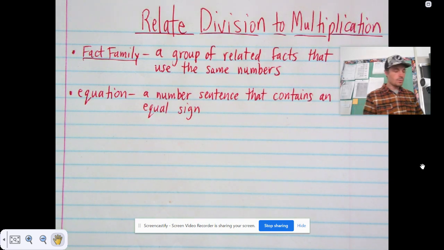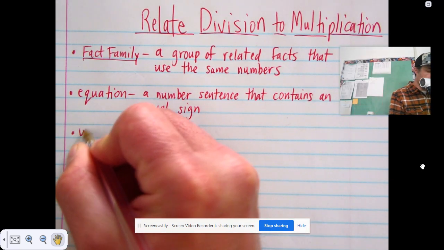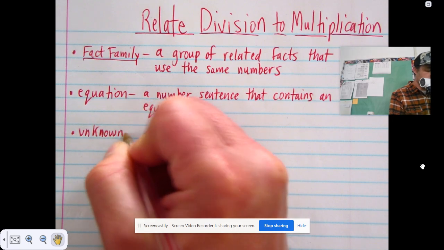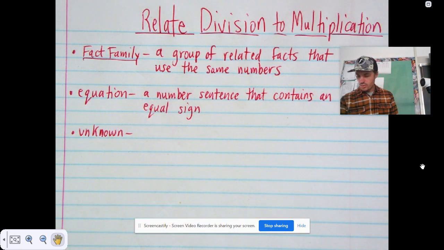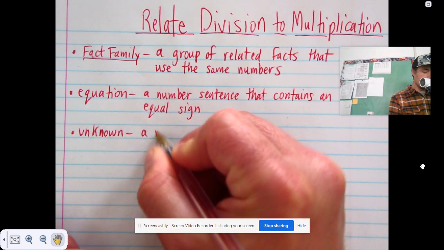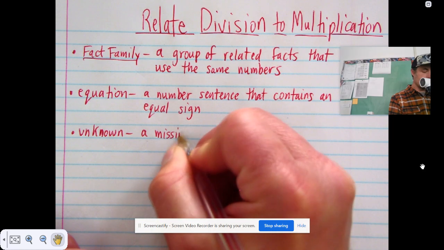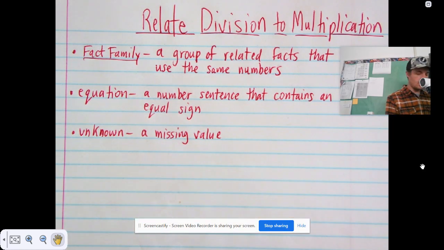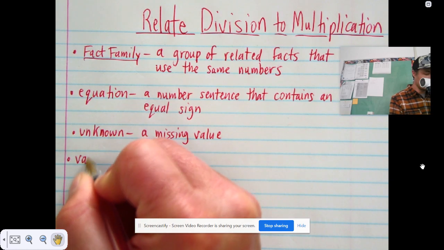There's two more vocab words. First of all, the word unknown. What is an unknown? An unknown is a missing value. And there's just one more, and it's variable.